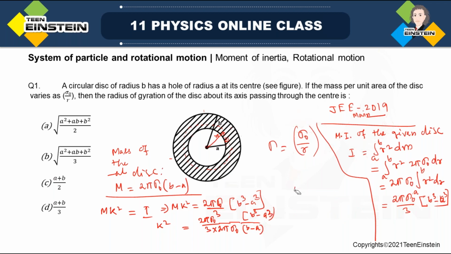Further, look, what is b cube minus a cube? This algebraic identity you know already from your lower class, 10th class mathematics.